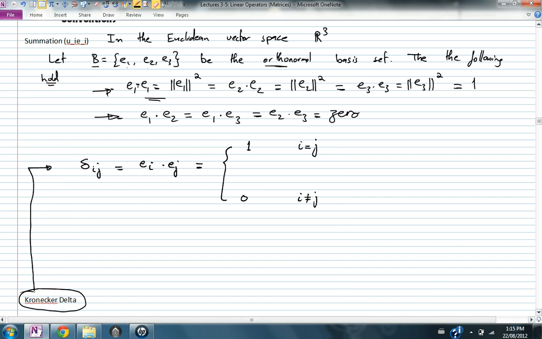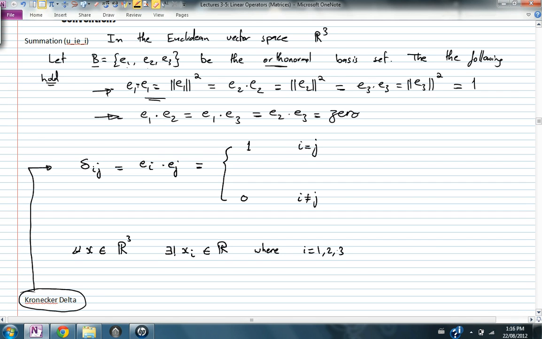We also know that for every x in R3, there exist n unique components x_i in R, where i is equal to 1, 2, and 3.